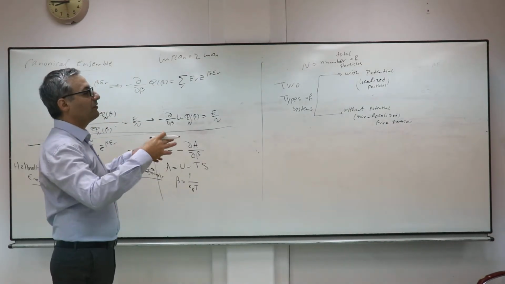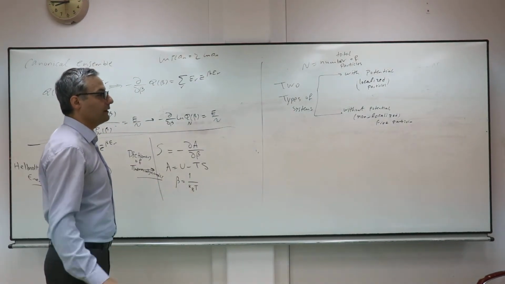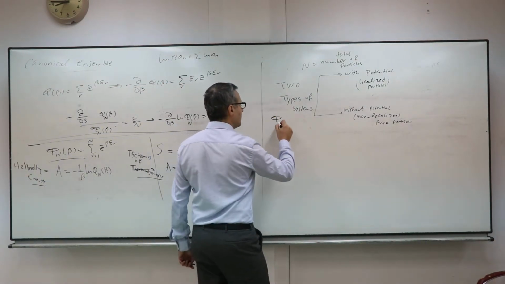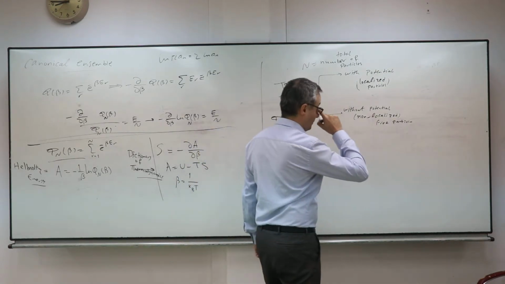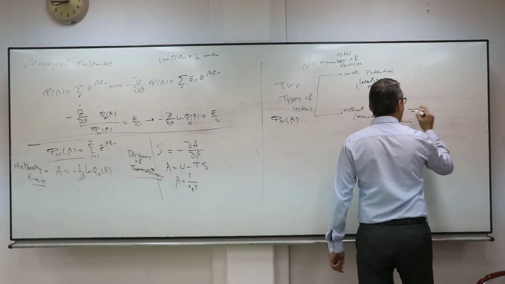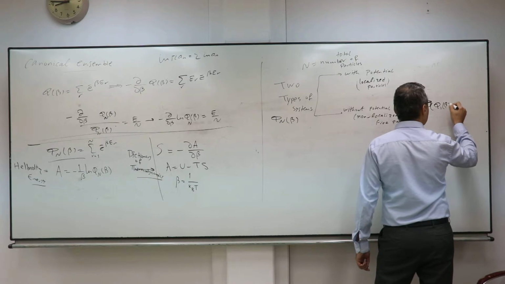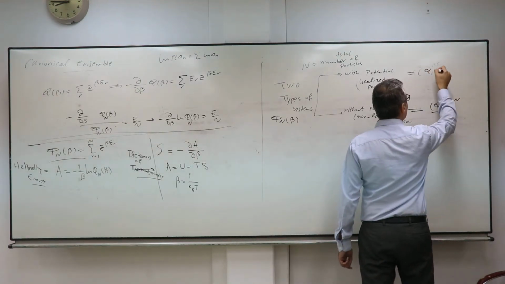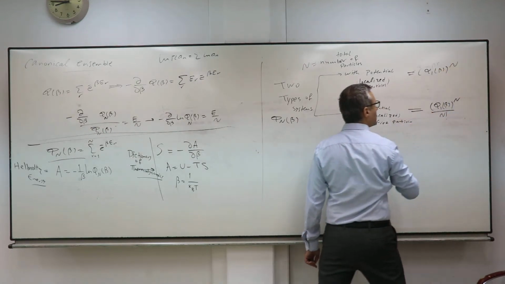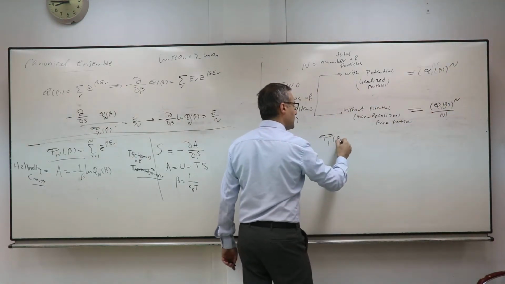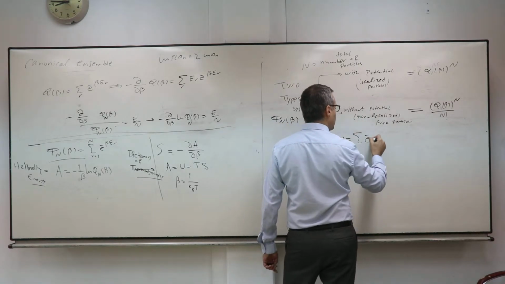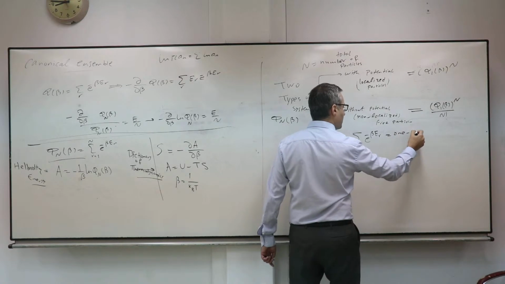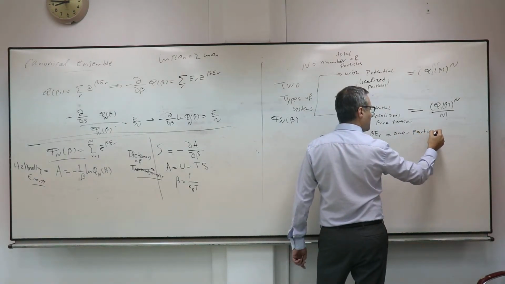With the detail that you don't need to know at the first reading of this course, I can tell you that the Qn for non-localized will be Q1 to the n over n factorial. What is the Q1? Q1 beta is the partition function for just one particle, because particles are the same.